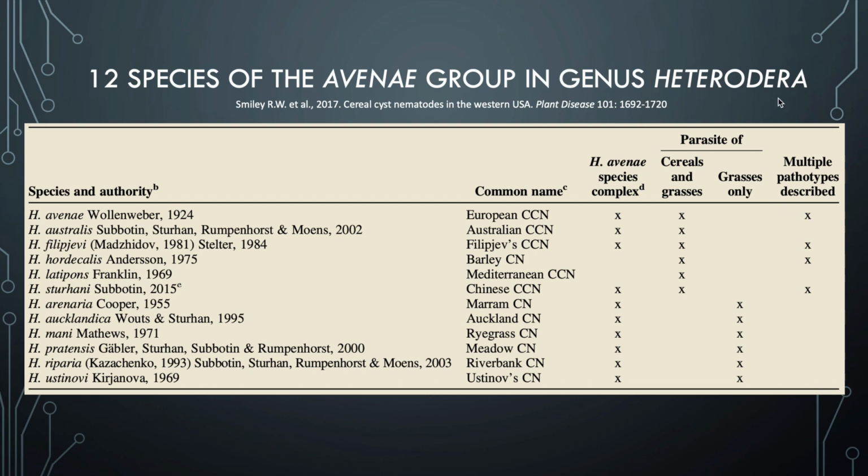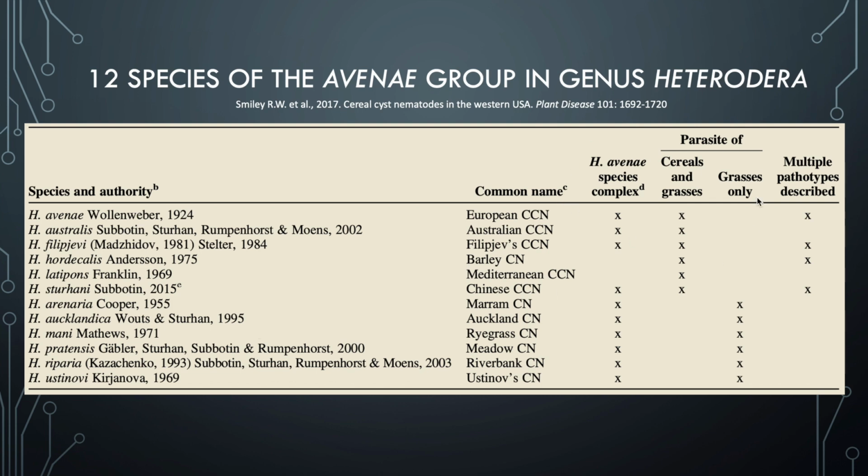So in addition to the Heterodera genus being divided into various species, some of the species themselves represent groups of species. For example, Heterodera avenae is in itself a complex of 12 different species of the Heterodera avenae group. This table shows the different species of the Heterodera avenae complex.